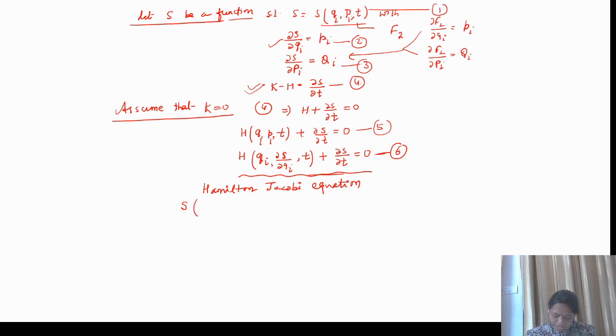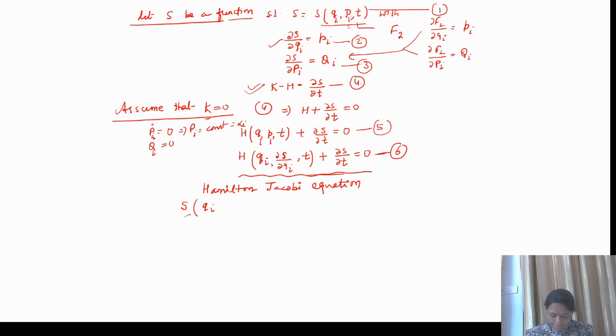Secondly, this S is basically a function of q_i and then P_i. But what is your P_i? You have assumed K to be 0. This means that P dot is 0 and Q dot is 0. This implies P_i is constant, and let it be alpha_i.